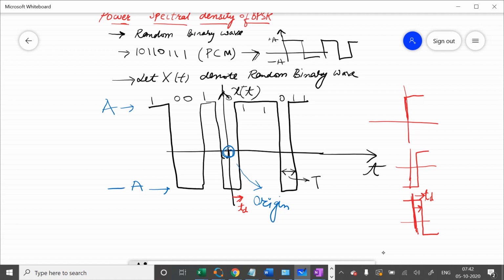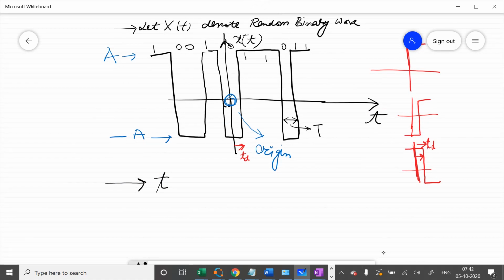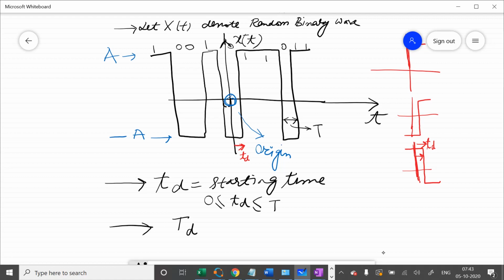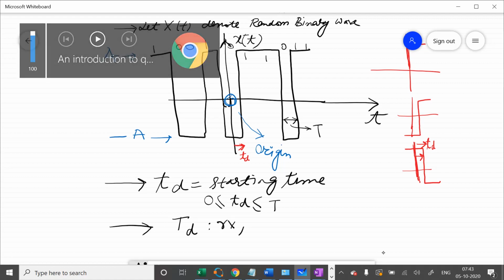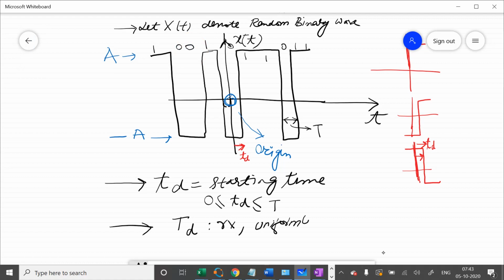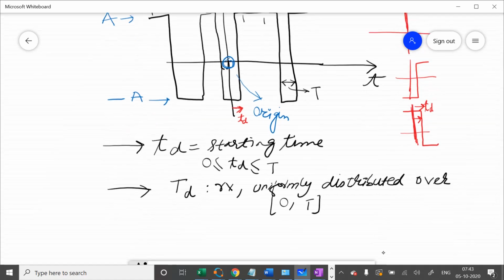So we can model this starting time td, which lies between 0 and capital T. We can think of this td as coming out of a random variable capital Td, which is uniformly distributed over the time interval 0 to T. I will explain what it means.